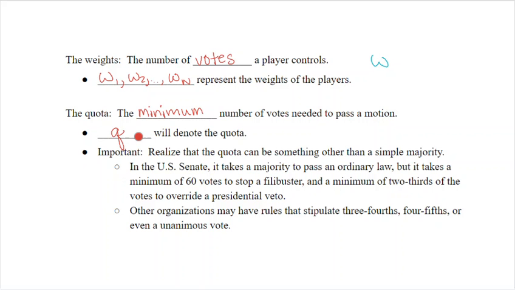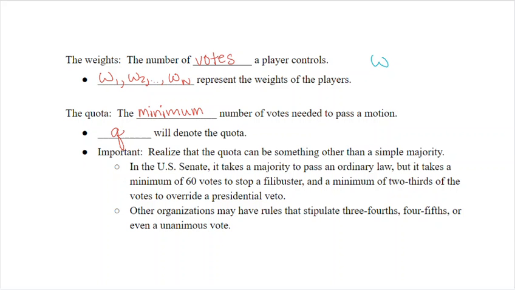In the US Senate, for example, it takes a simple majority to pass an ordinary law, but it takes 60 votes to stop a filibuster and 2/3 of the votes to override a presidential veto. So it depends on the situation what the quota is. Other organizations may have rules where you have to have 3/4, 4/5, or possibly even a unanimous vote.